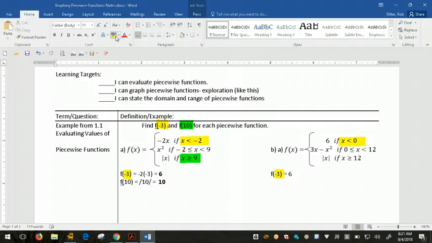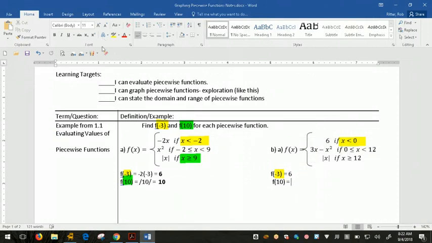Now, when I go to do f of 10, I need to look and see which function I should use. The last function is only for when x is greater than or equal to 12. The middle function, this quadratic piece, is when x is between 0 and 12.